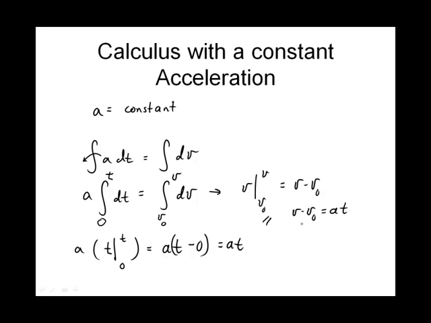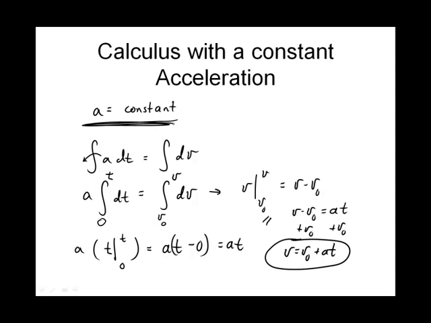Well, great. Add v naught to both sides. And I get v equals v naught plus at. There's my velocity. And we've seen that before. But again, this is only valid because the acceleration is constant. If the acceleration is not constant, it's not going to come out of the integral. You're going to have to integrate whatever that function is.